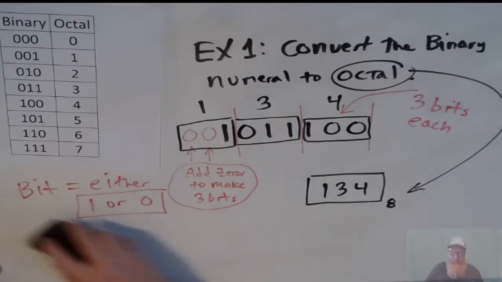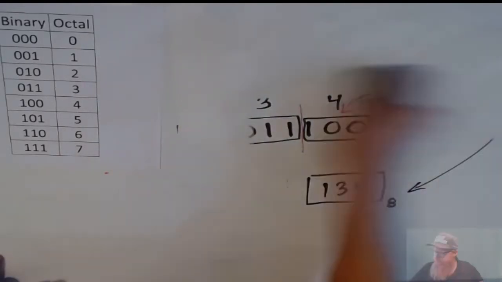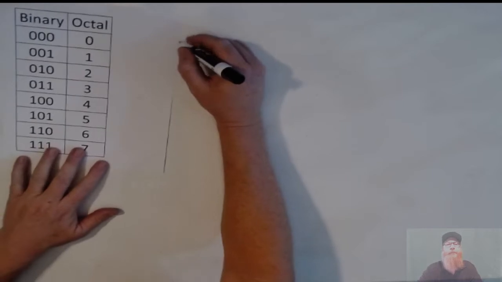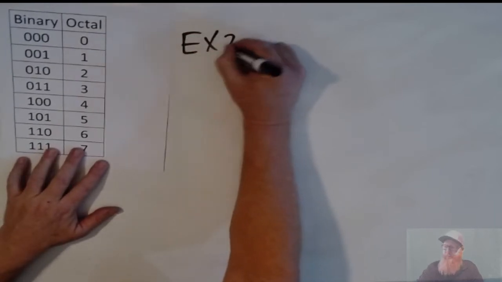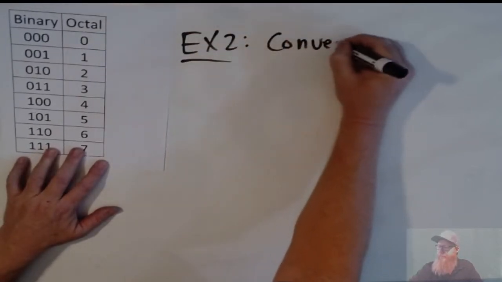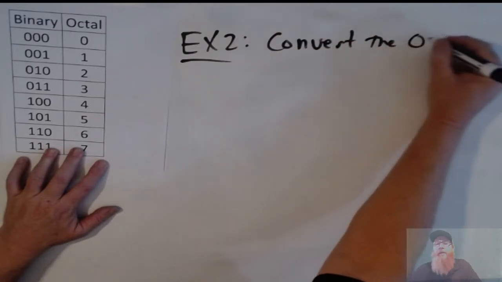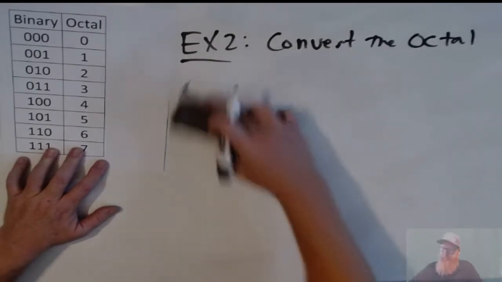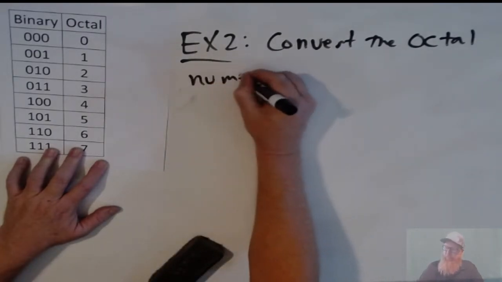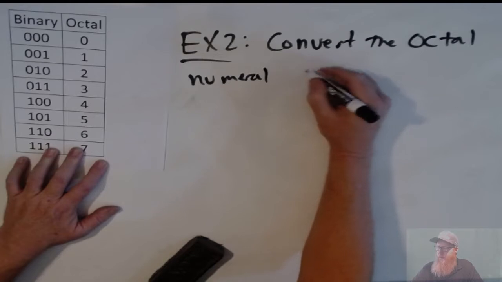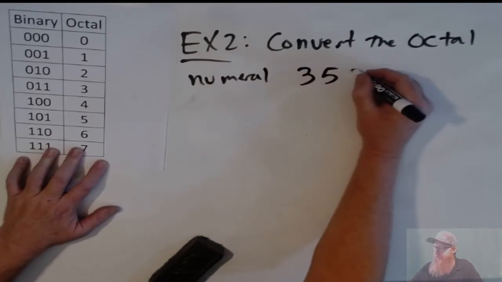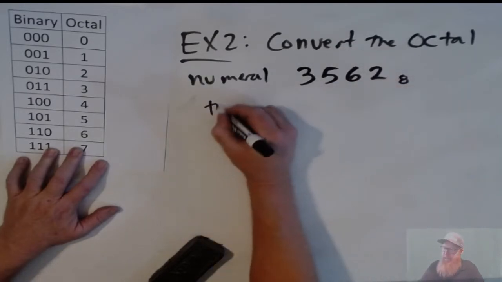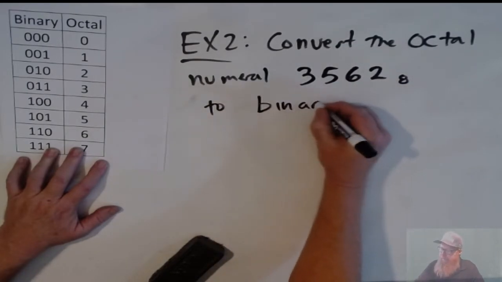Going the other way is just as easy. Example 2. Convert the octal numeral 3, 5, 6, 2, again base 8, to binary.